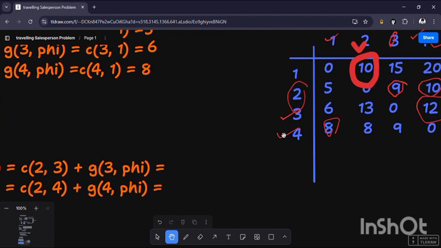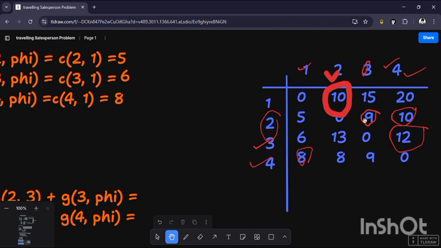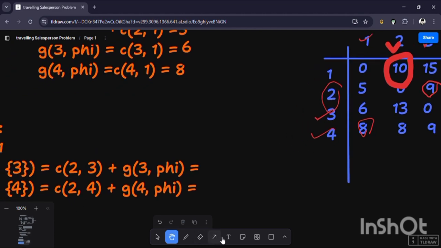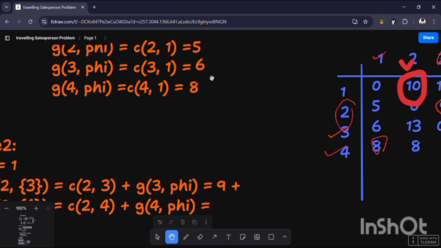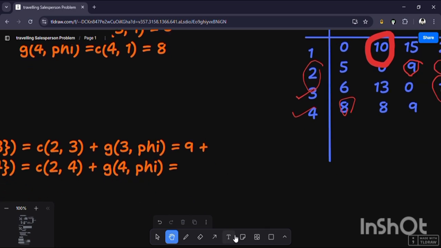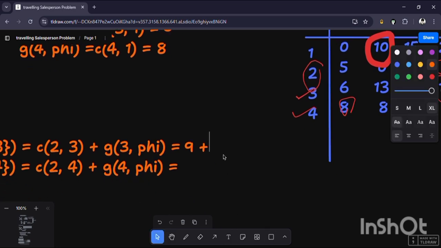What is the value of c of 2 comma 3? c of 2 comma 3 is 9. 9 plus, what is the value of g of 3 comma 5? g of 3 comma 5 is 6. So let's put 6 here. 6 will be equal to 15.